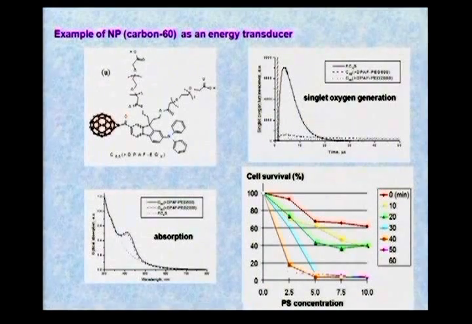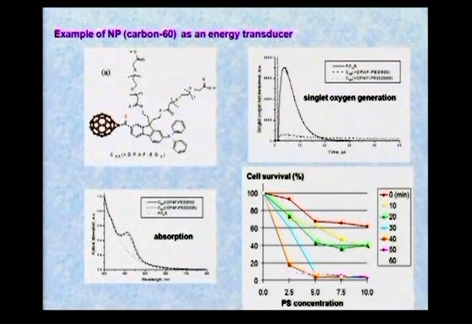Here's an example of energy transduction. So this is carbon-60 buckyballs, a famous discovery. And so you can link buckyballs with other molecules and make them photosensitizers. This shows the absorption spectrum of this particular nanoparticle construct.